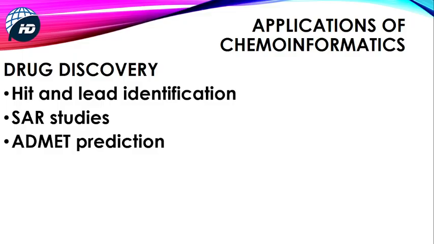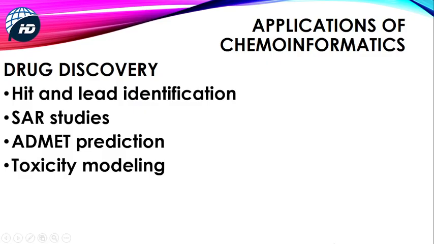So I don't need to be visiting the lab anymore, the information has been retrieved by algorithms online. So these are what we can use chemoinformatics to do in drug discovery. I've already explained toxicity modeling; we can use it to model the toxic profile of a molecule.